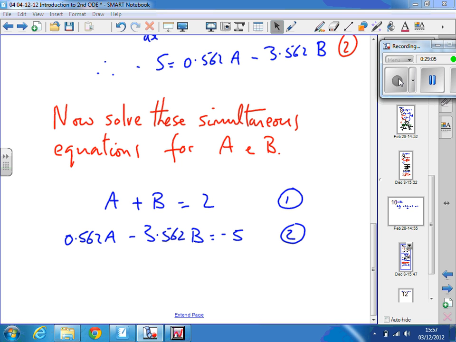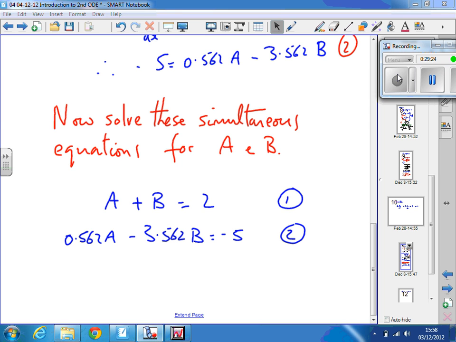So type these 2 equations into Autograph. You can't put a and b in, it won't recognise them, so use y and x: let a equal x and b equal y, for example, and then type those 2 in and see where those lines cross, and they will give you the values for a and b.